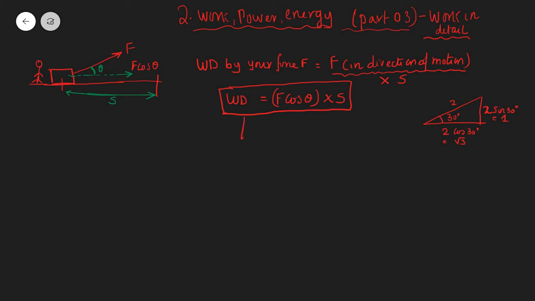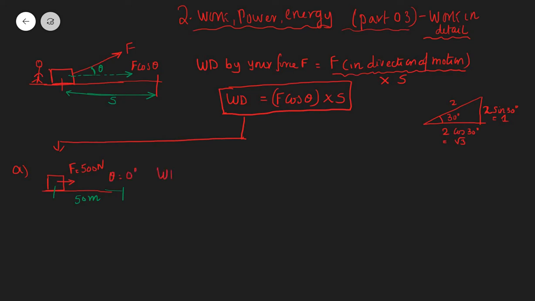So to understand this better, let's talk about all the different scenarios that you may have. So A. You have 500 Newton of force, and your displacement is 50 meters. So here the angle between your force and displacement is 0 degrees.